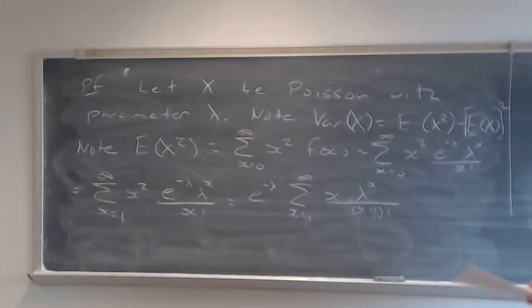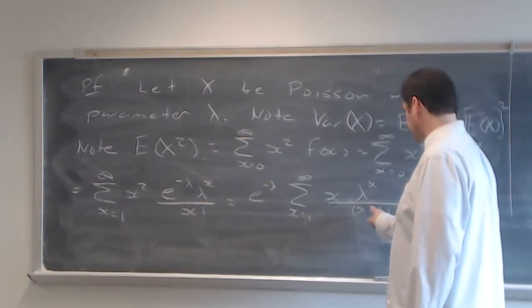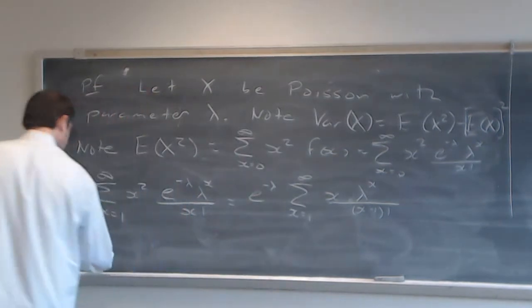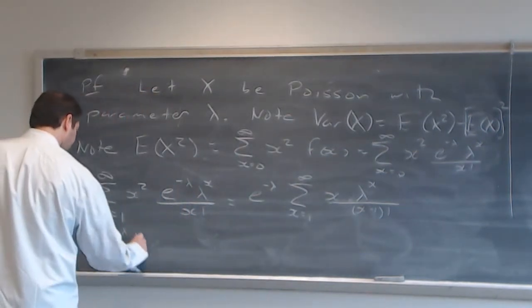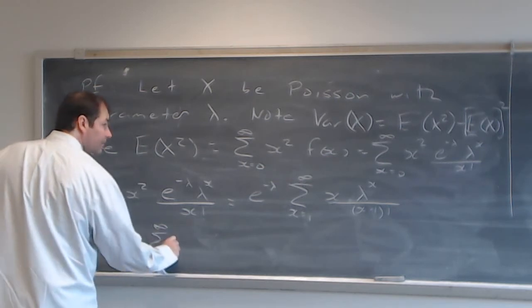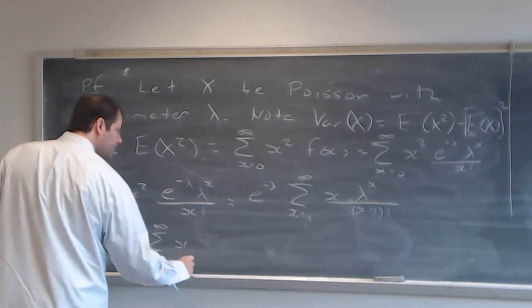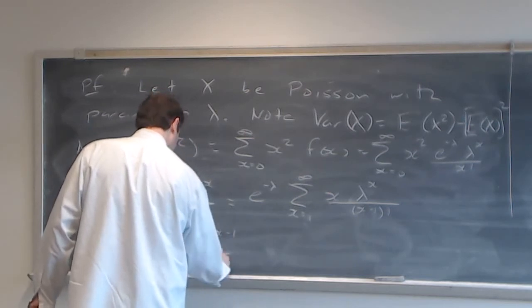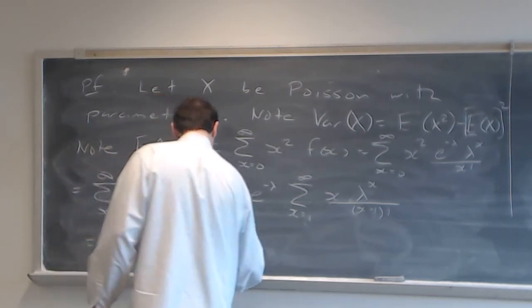All right, let's pull out a lambda as well, because then the exponent here will match that. So this will be equal to e to the minus lambda, lambda, sum, x runs from 1 to infinity of x, lambda to the x minus 1 over x minus 1 factorial.